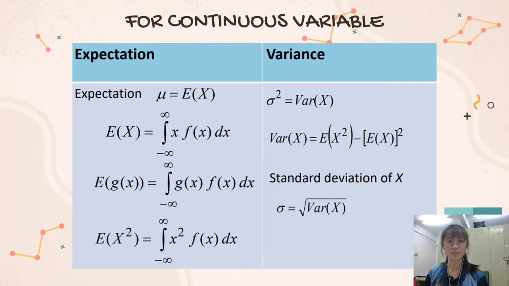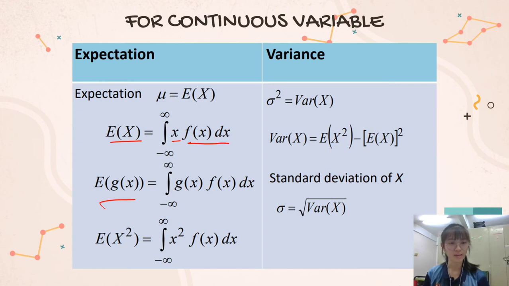Here is a summary for continuous variables. For the expectation, if we want to find E(X), we need to integrate x f(x) dx from negative infinity to infinity. If we want to find E(g(X)), we integrate g(x) f(x) dx from negative infinity to infinity.